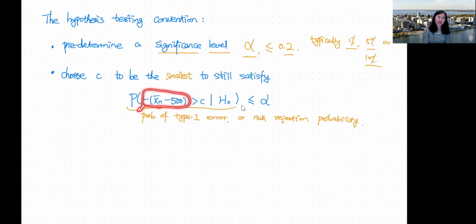We do not assume normality, for example. But often we can use the asymptotic distribution of this to approximate the actual distribution. So in that case, we should be requiring this inequality to be asymptotically satisfied or approximately satisfied. Asymptotically means approximately in large samples.